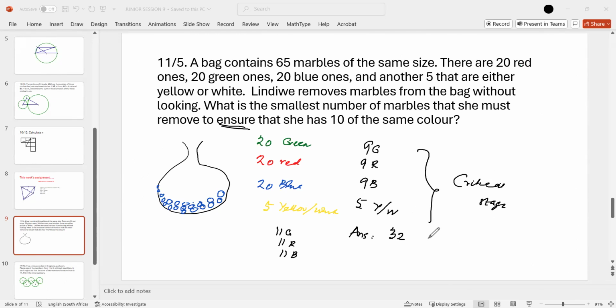Right? But we still haven't got 10 of the same color. This is the tip of the iceberg. There's one more that will clinch the deal. 33 removals. So when she takes 33, she can be assured that there are 10 of the same color, because the worst possible case is that one.